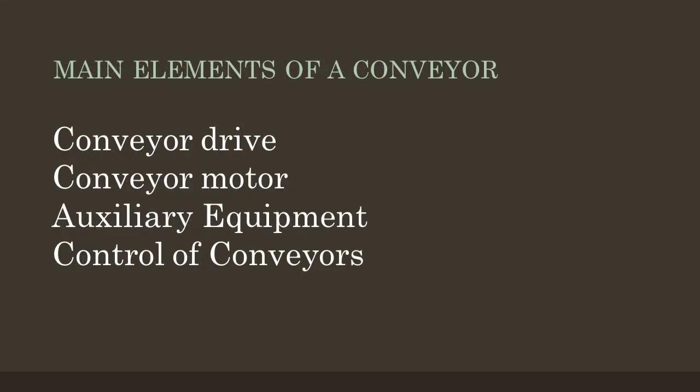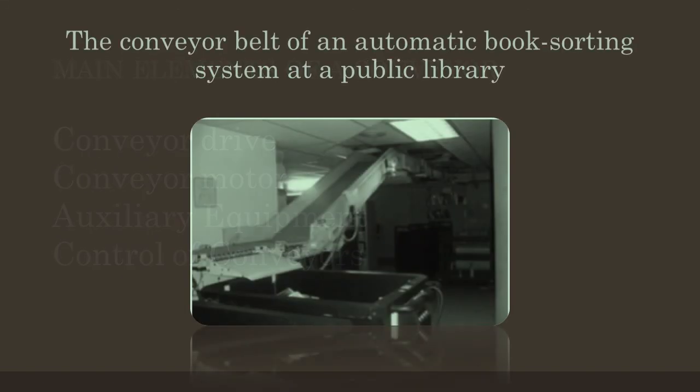Main elements of a conveyor: conveyor drive, conveyor motor, auxiliary equipment, control of conveyors. Shown in this picture is the conveyor belt of an automatic book sorting system at a public library.